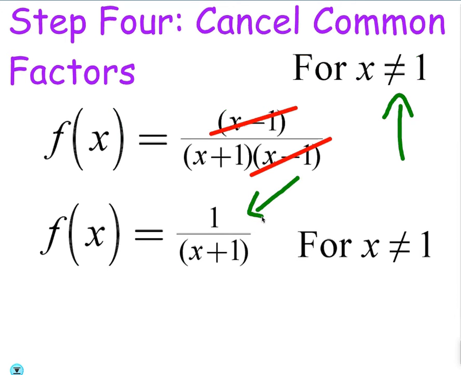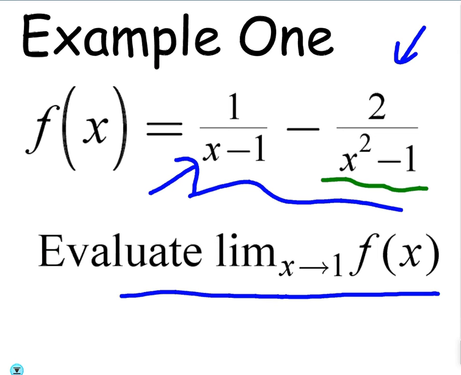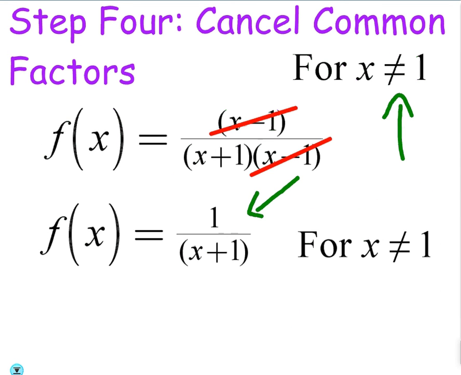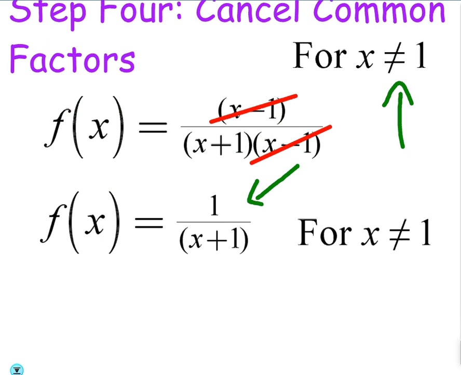So once we get this, we can then plug in the x value. See, before when we tried to plug it in, we got 1 over 0 minus 2 over 0. Now we can actually plug in that limit value, which is x as x approaches 1. Okay, so what's the final answer here when you plug in 1?